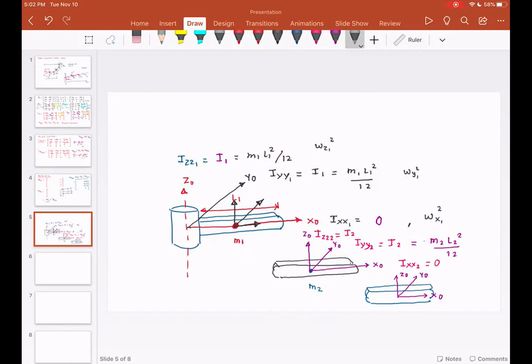And then I'm going to have IXX3 equal to 0, IYY3 equal to I3, and IZZ3 equal to I3. And I just want to write this down separately because we are going to need this information.